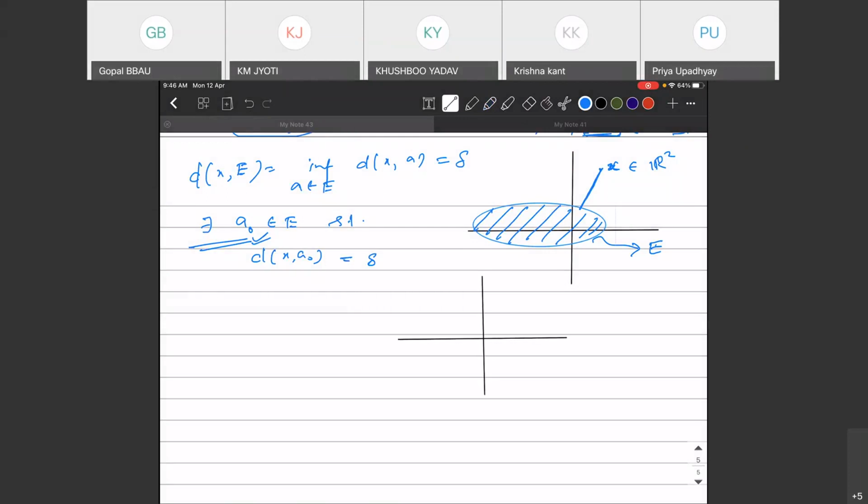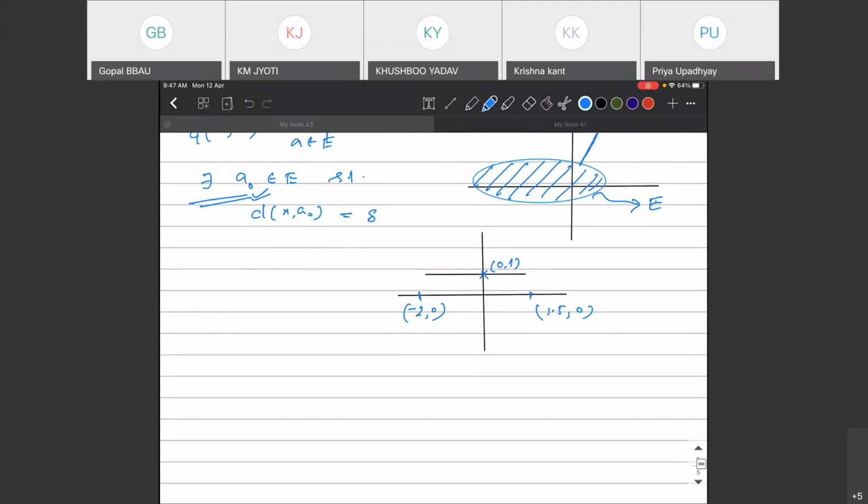Okay, we have this R2 and we have an open line segment. Say this is an open line segment. What is this set? Suppose this point is (0, 1), and this point is say (-2, 0), and this point is say (1.5, 0).